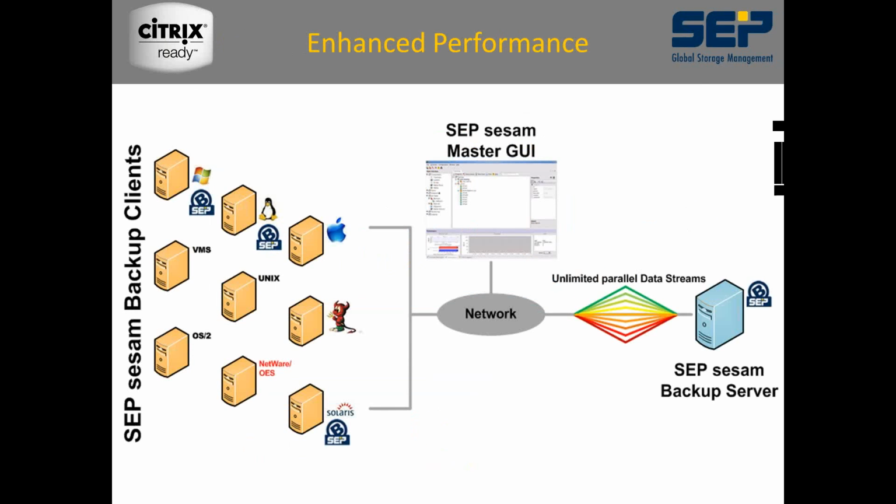We do have some very unique features that other folks don't have, and one of the greatest ones is our enhanced performance. We have seen this enhanced performance make huge improvements on people's networks. What we do is we have unlimited parallel data streams, and those data streams will back up not just multiple streams to a single server, but multiple streams to multiple servers.